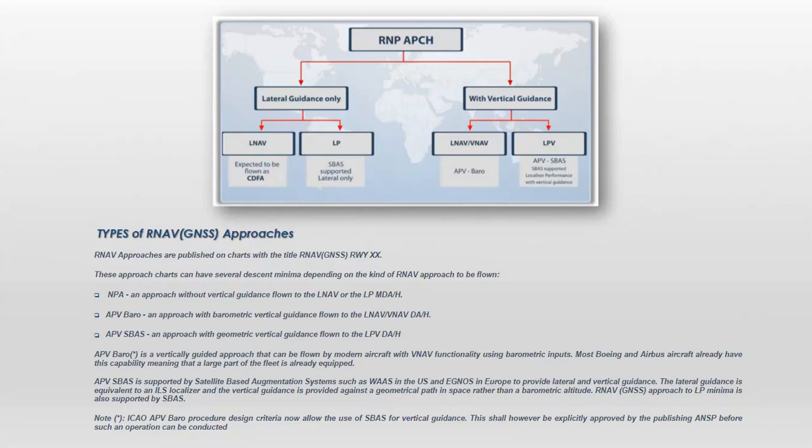RNAV GNSS approach to localizer performance, LP, minima is also supported by SBAS. Note: APV Baro procedure design criteria now allow the use of SBAS for vertical guidance. This shall however be explicitly approved by the publishing Air Navigation Services Board before such an operation can be conducted.